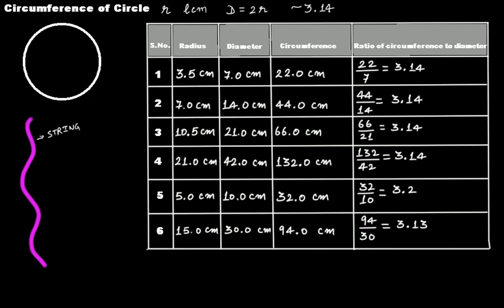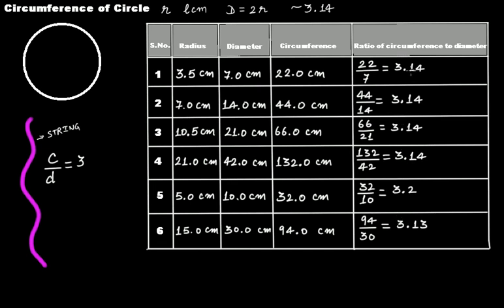Now, let's denote the circumference with capital C and the diameter with small d. This circumference divided by this diameter, if you ignore the digits after the decimal point, is actually 3.